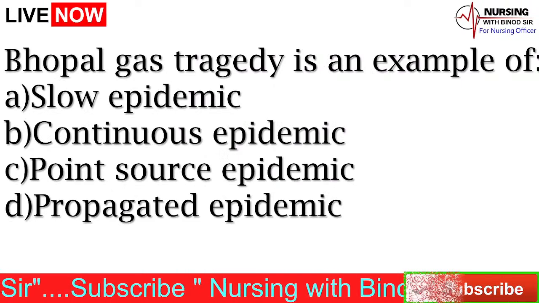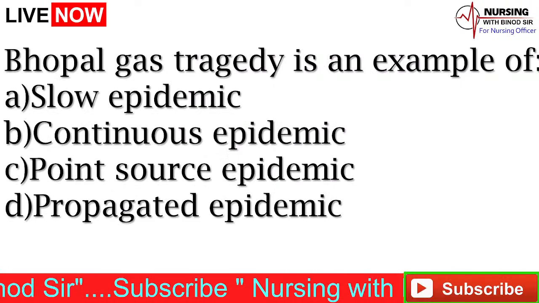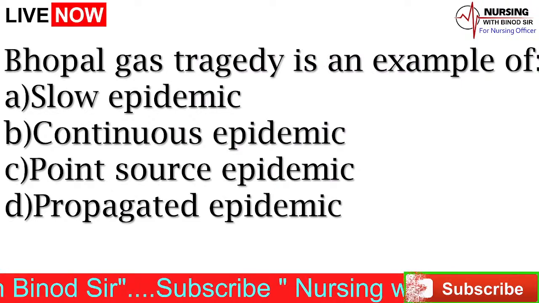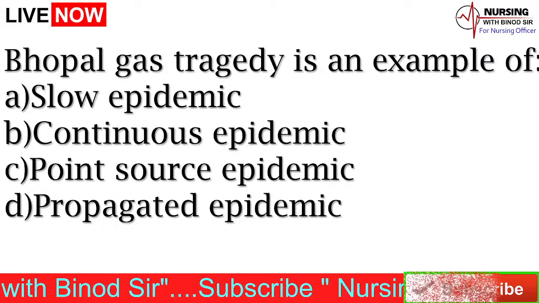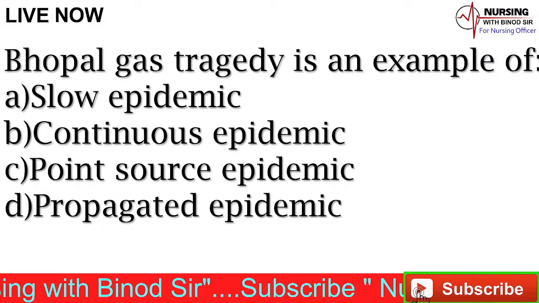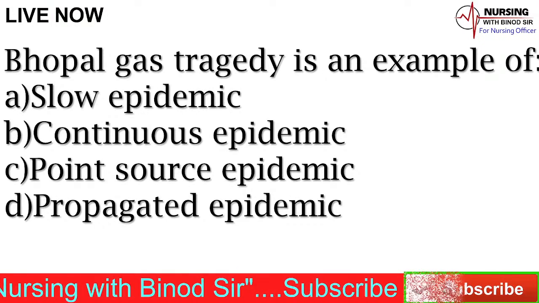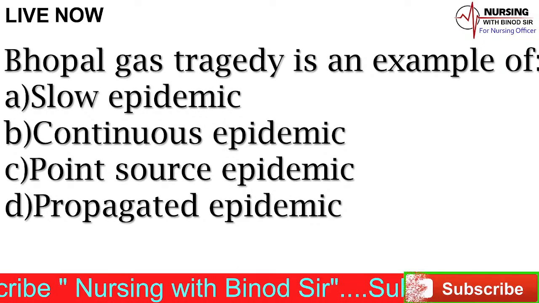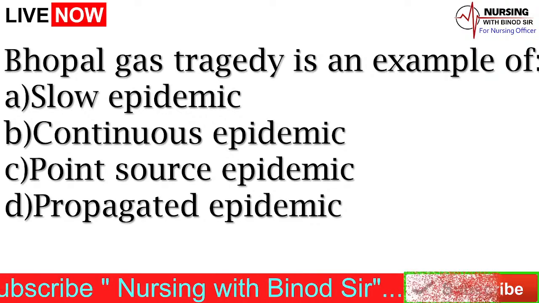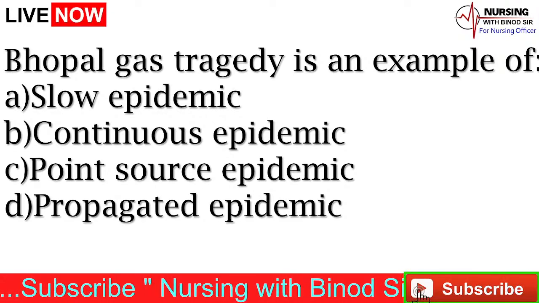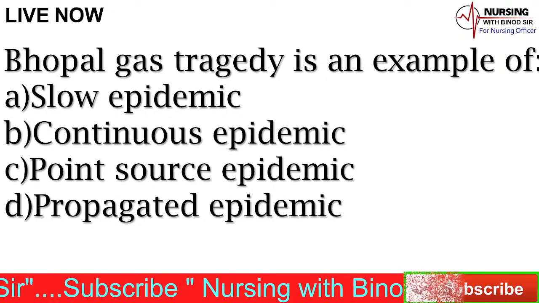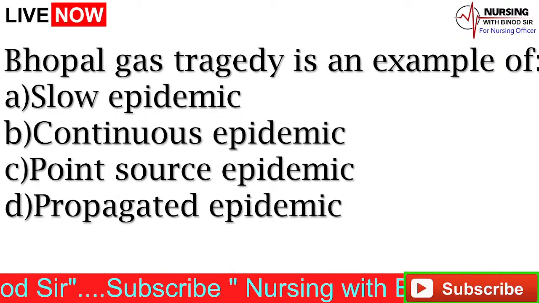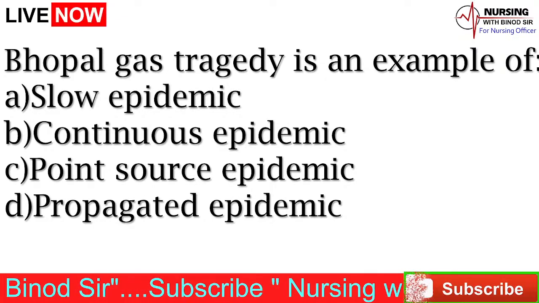Bhopal gas tragedy is an example of slow epidemic, continuous epidemic, point source epidemic, or propagated epidemic. So put your right response in the chat box. What would be the right answer here? Bhopal gas tragedy.